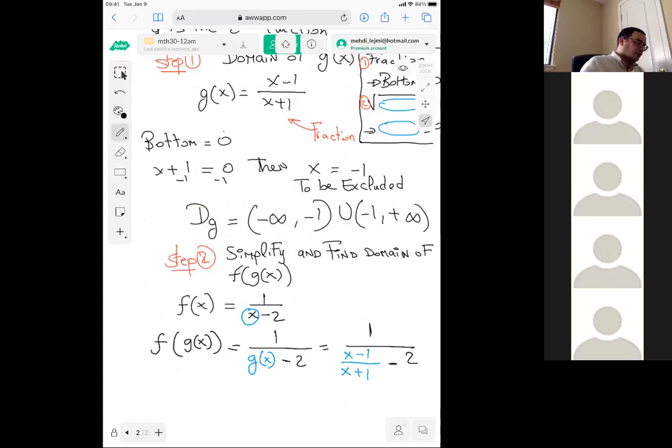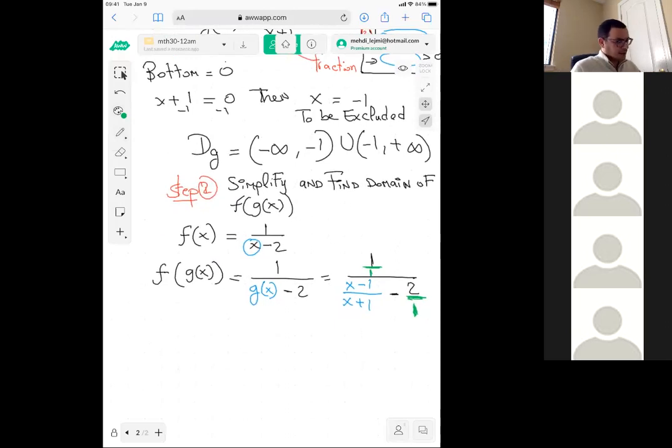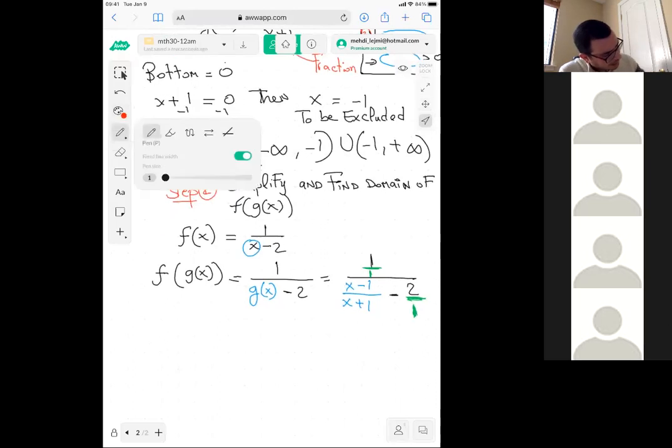Here we have fractions. I'm going to make the 2 a fraction by dividing by 1, and I have 1 in the top, so I'll divide by 1 too. Now everything looks like a fraction. In the denominator I have a subtraction, so we need a common denominator, which is x plus 1.